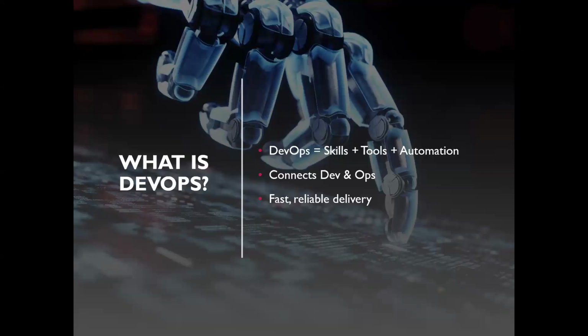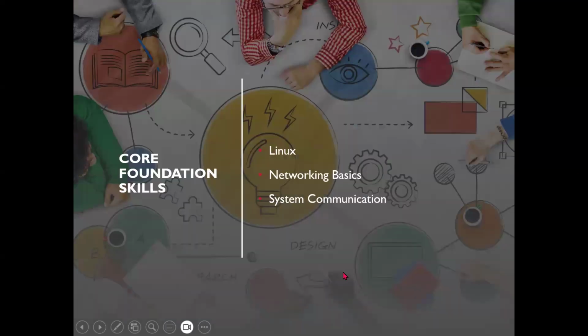DevOps is also a way to build applications faster and reliably, and deliver them to the market with speed. So if you're asking yourself what DevOps is all about, it's all about applications: skills, tools, and automation. These are the skills that you are going to acquire. I hope you're excited about that.